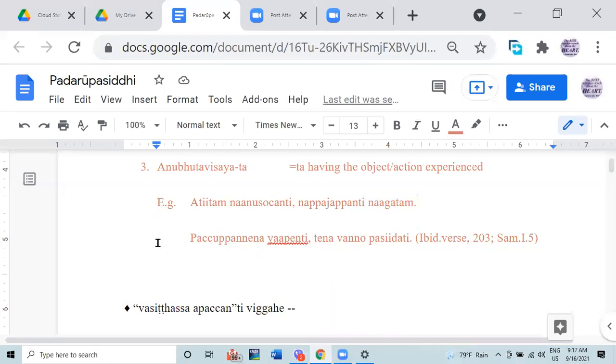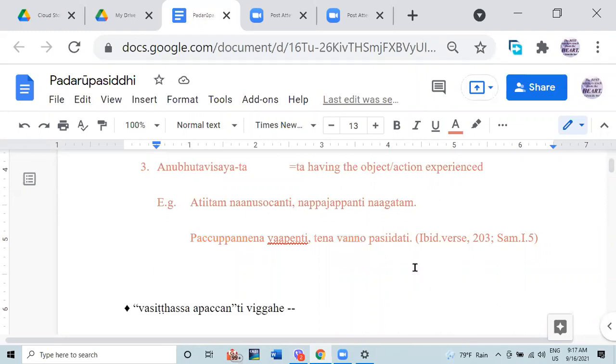Paccuppannena yapenti. They are satisfied with the present. So tena, therefore, vanno pasidati. Vanno, their skin color, pasidati, is clean.